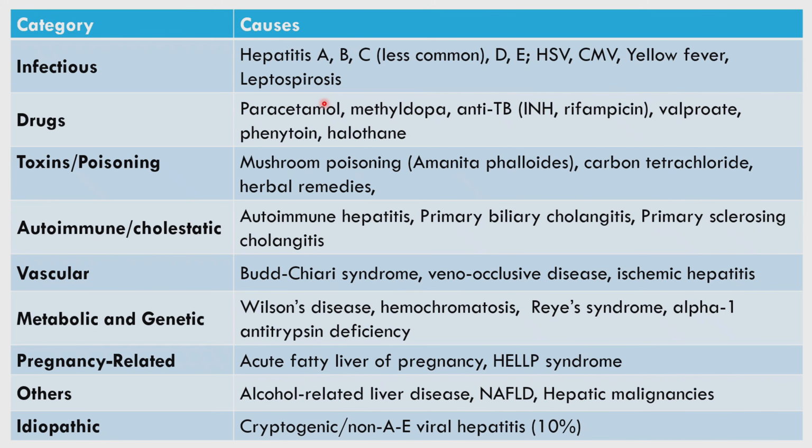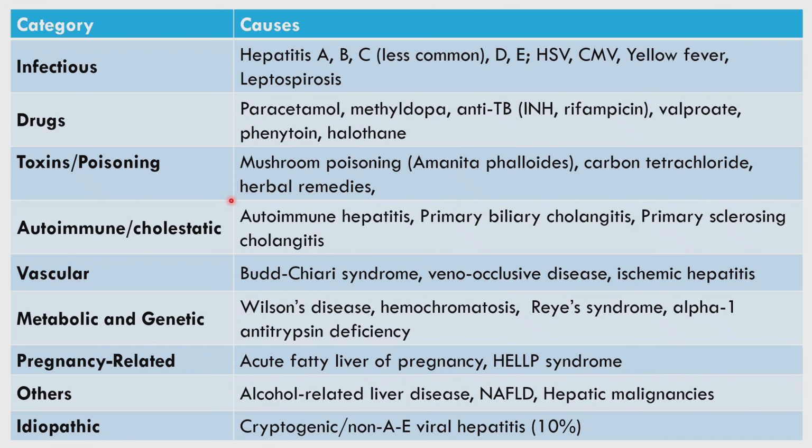Drugs like paracetamol, methyldopa, anti-TB medications, anti-seizure medications like sodium valproate, phenytoin, even halothane, have been implicated. Toxins and poisoning: mushroom poisoning, the Amanita phalloides, and poisoning with carbon tetrachloride. Even herbal remedies fall into this group.